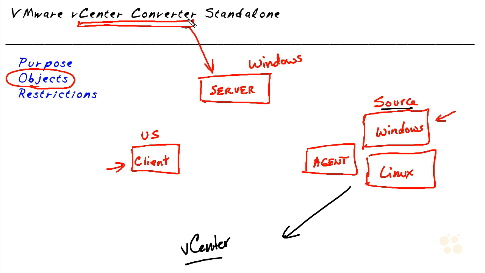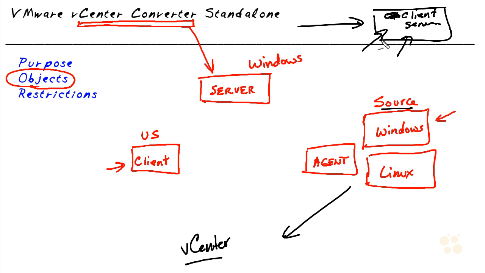So if a person wanted to just practice with the basic functionality of vCenter Converter, they could actually install it on a standalone machine, install the client piece, the server piece, and actually do all the conversions on this computer. The benefit of separating the client from the server is that we can manage the conversions remotely, sitting at our computer, and let the server do the heavy lifting for the hours it takes. We don't have to have our computer tied up doing the actual conversion, because we're managing the conversion remotely from the client.